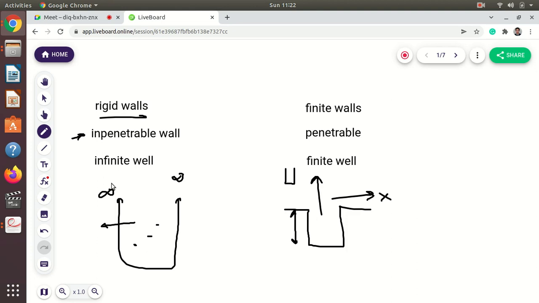Here the height is infinity but the width is fixed, 2a, or we can call it L. Similarly here also we will assume the width is L, and we will see in the next lectures how to solve this. So these are different names for the wells. Rigid wall means infinite well, impenetrable also means infinite well. Here it is a finite wall or finite well, so the wall is penetrable.